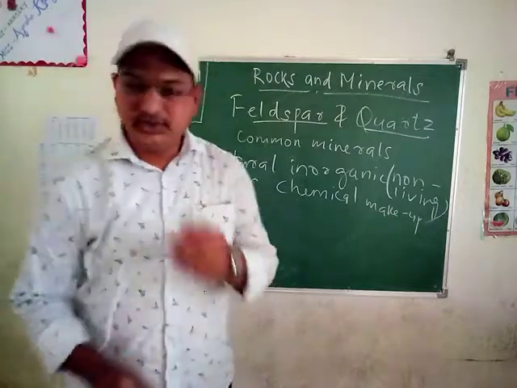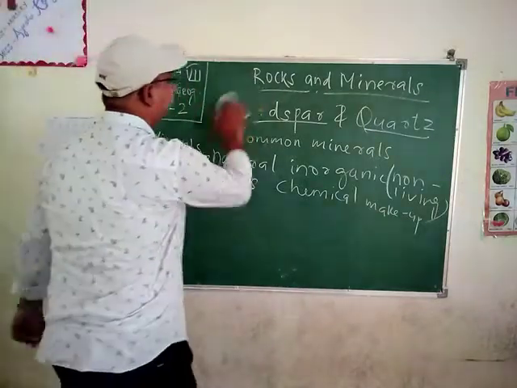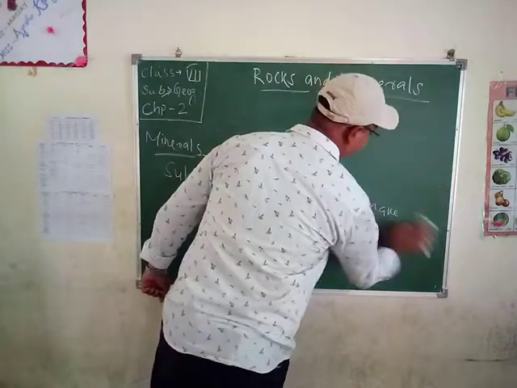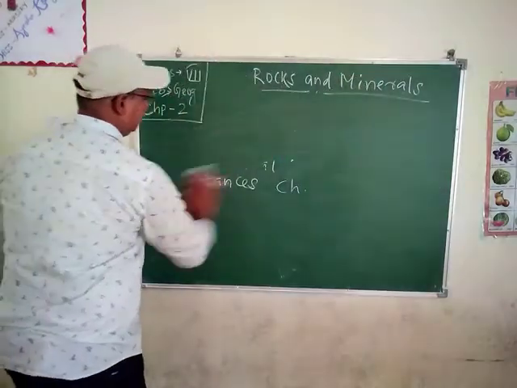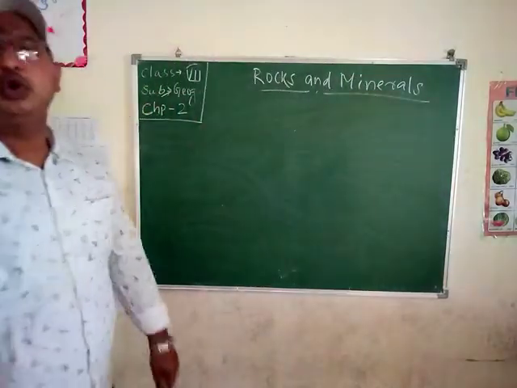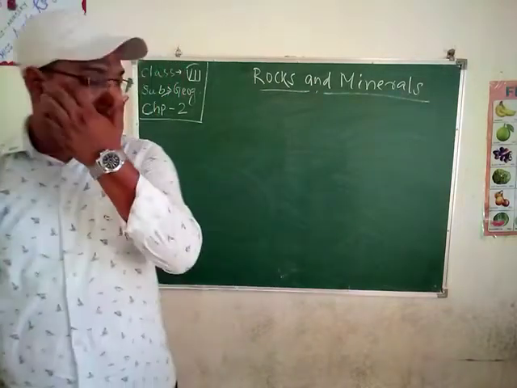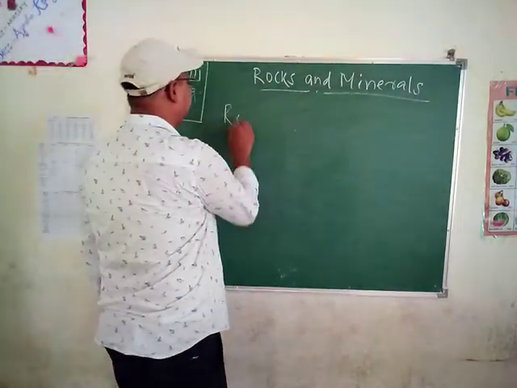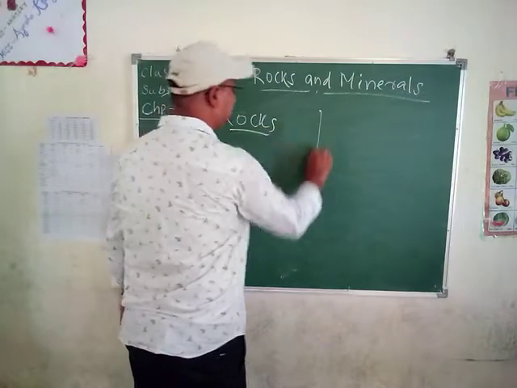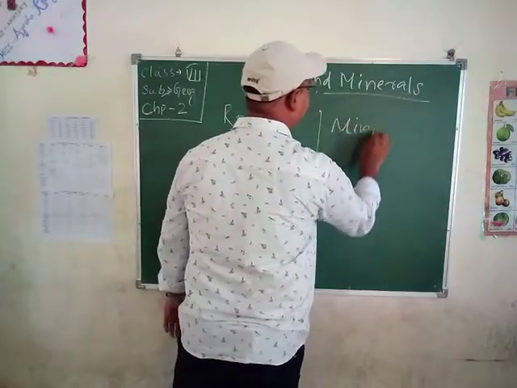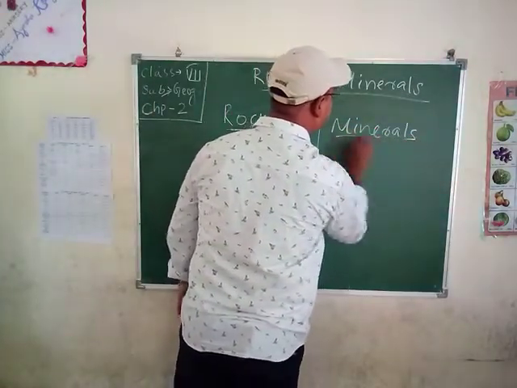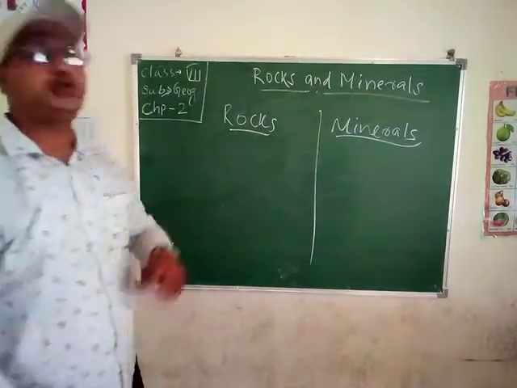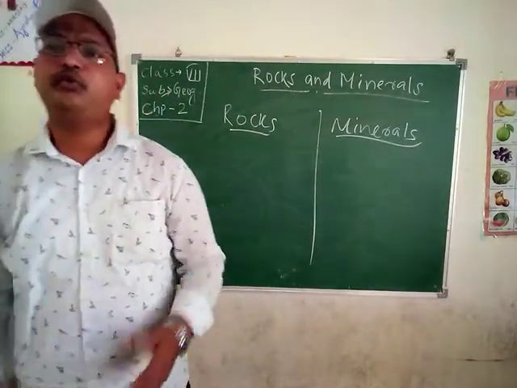Minerals that don't contain metals look very dull. Then what are the differences between a rock and a mineral? Students, if I differentiate between rocks and minerals, so many points will come forward. Rocks are made up of one or more minerals.